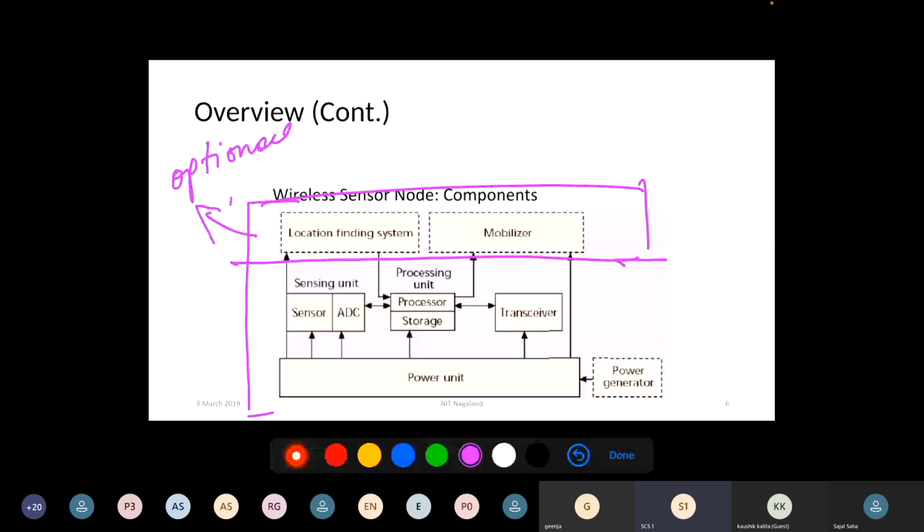Next is your sensor. The sensor is sensing, and then there are the ADC converter, processor, storage and transceiver. All of them remain active based on whatever power is coming from the power unit. This power unit may be a fixed battery.